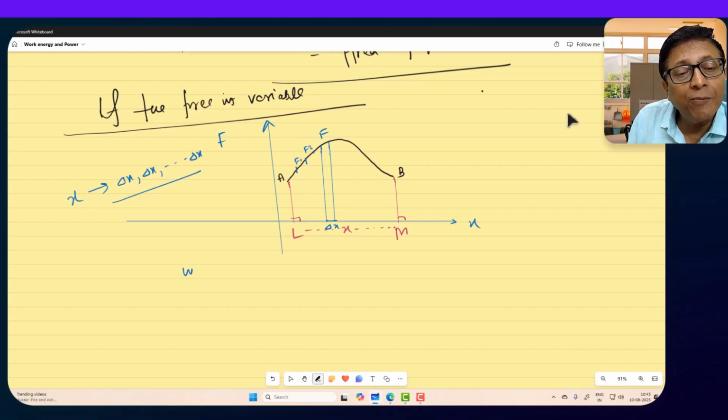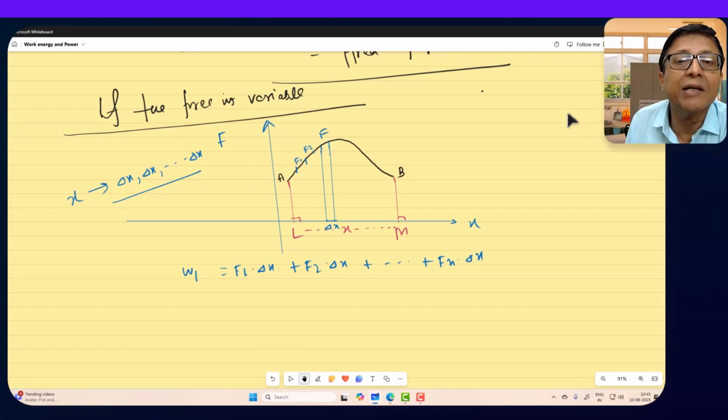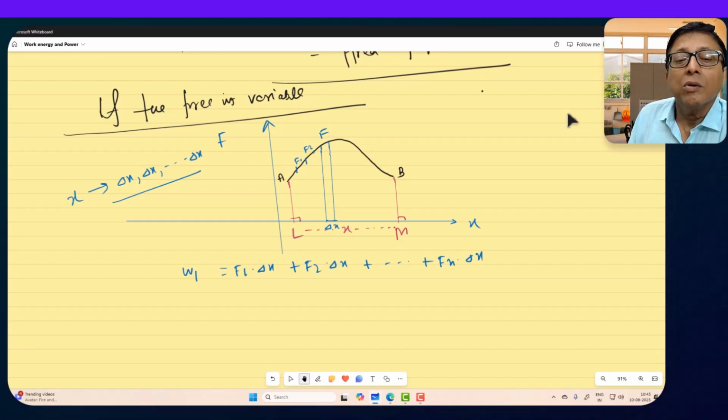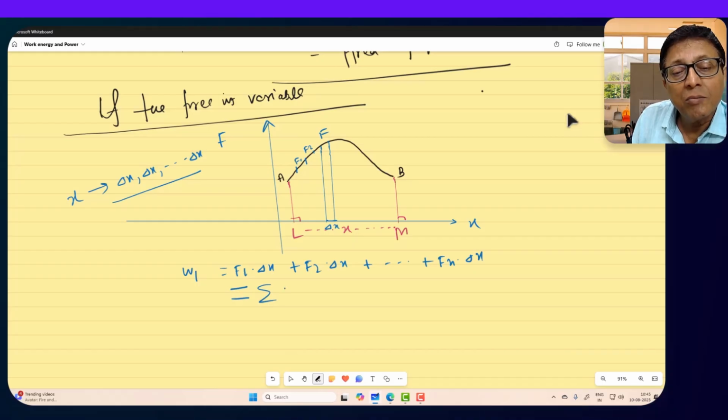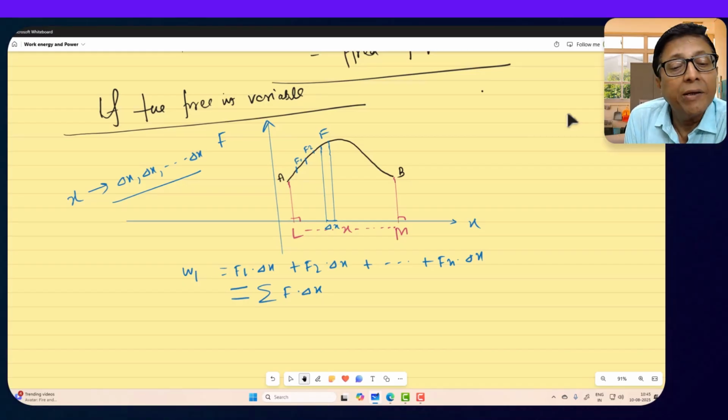Then the work done by F1 you calculate as F1 delta x, F2 delta x, plus up to Fn into delta x. Now, if we use the summation sign, this is going to be sigma F into delta x, summing over the whole interval.